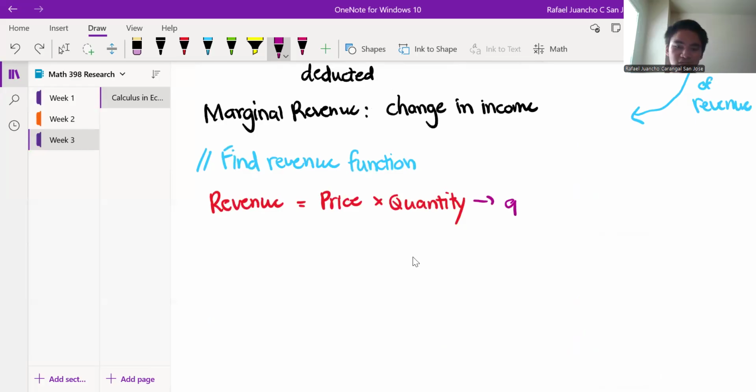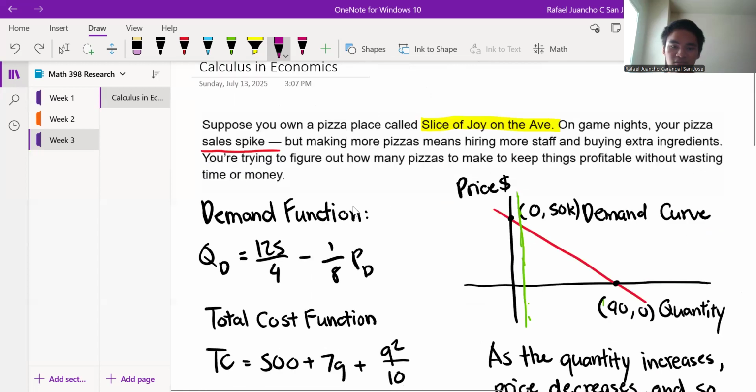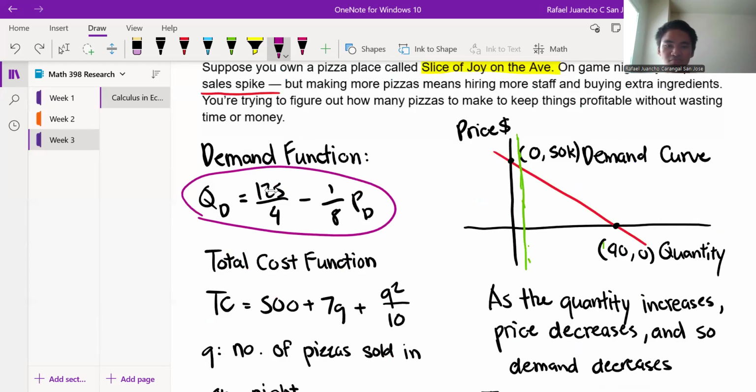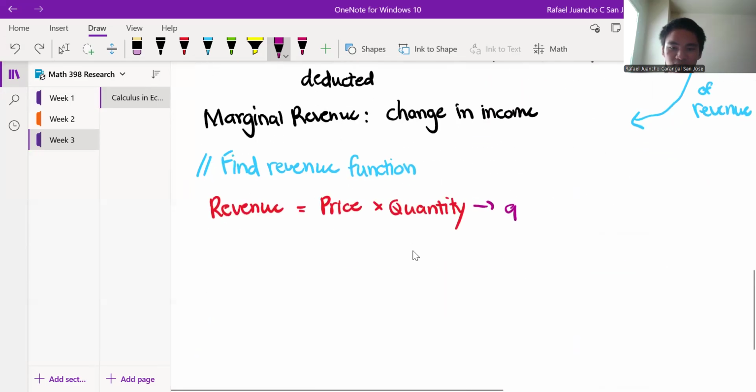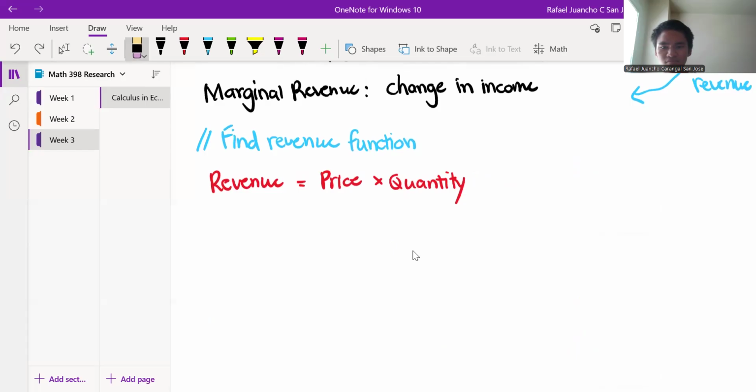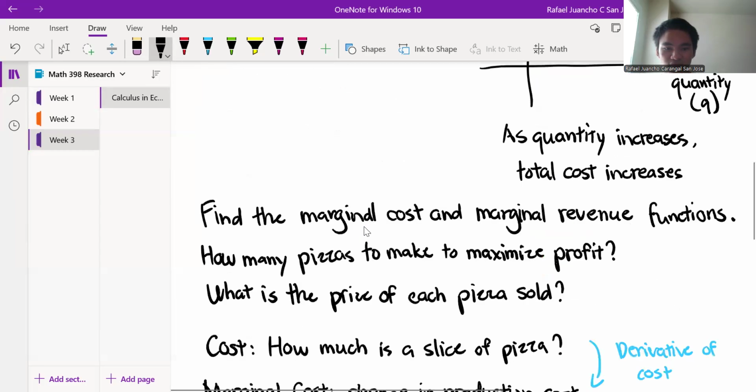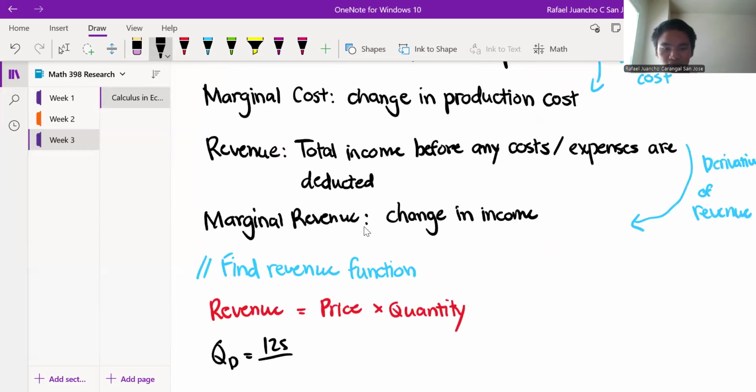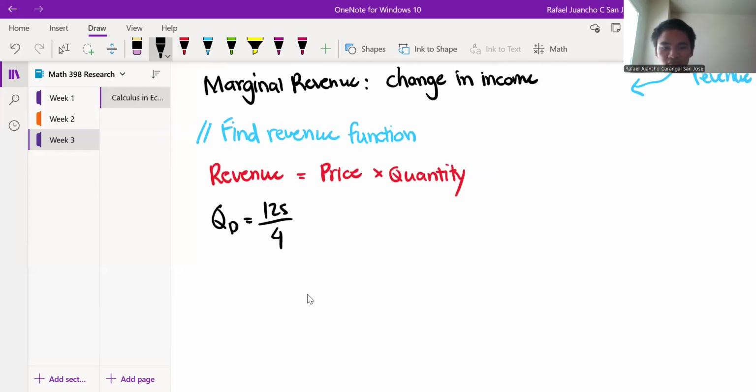Now we need to have our price. You can get it from this demand function here. We just have to isolate PD in terms of Q, the quantity demanded. So let's rewrite it. We have our quantity demanded, which is 125 over 4 minus 1/8 of price demanded.